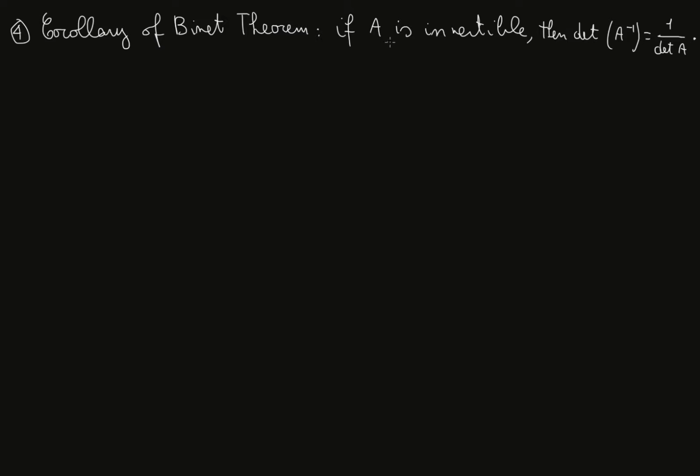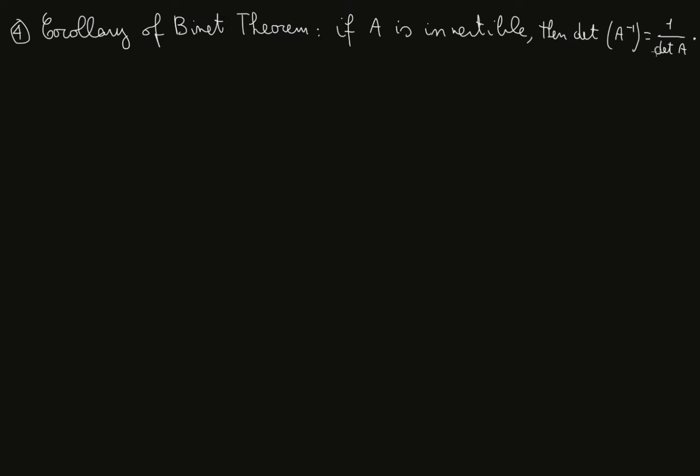So if A is an invertible matrix, then the determinant of its inverse is just 1 over the determinant of A. This fact alone implies that if A is invertible, its determinant is going to be different from 0.